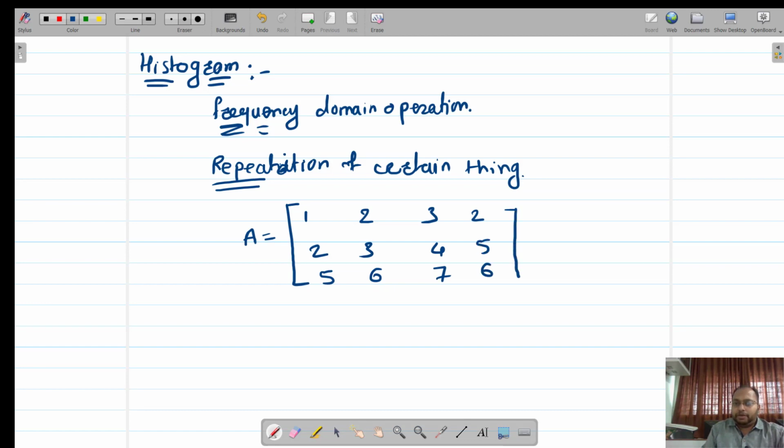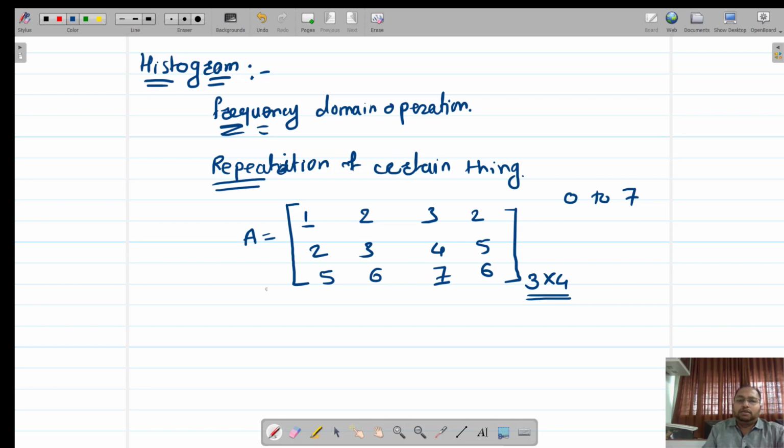This is your image. What is its size? There are 3 rows and 4 columns, so the size of this image is 3 by 4. The pixels have gray level intensities ranging from, let us say, 0 to 7.